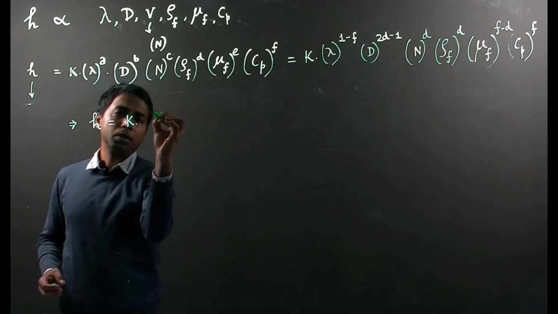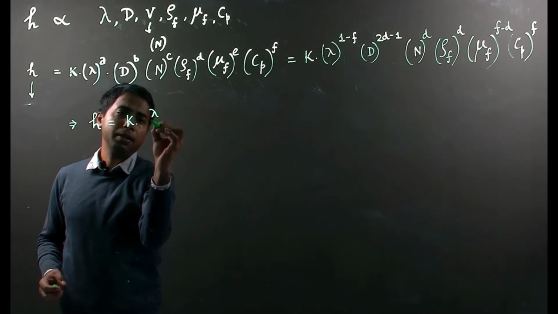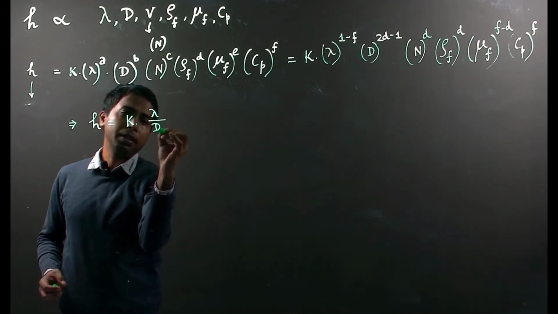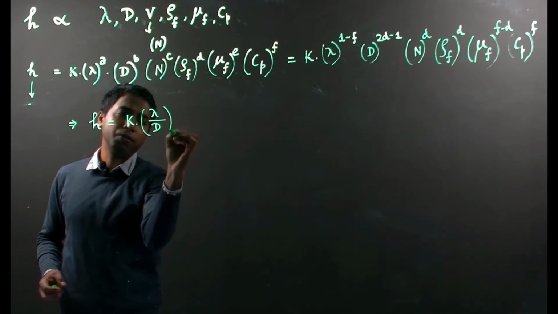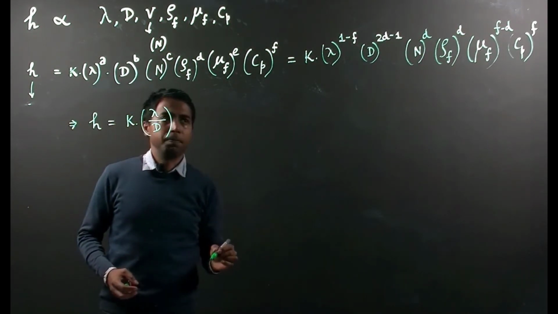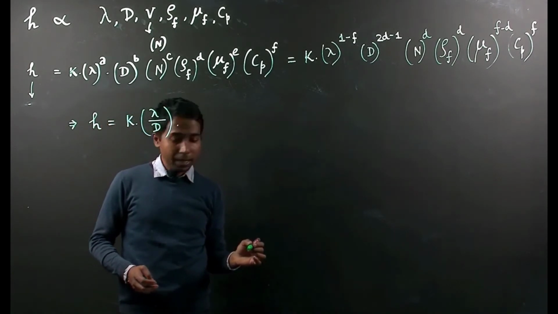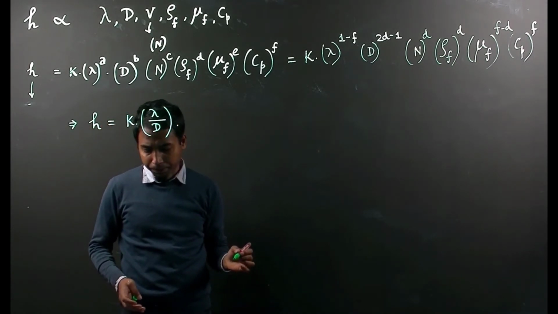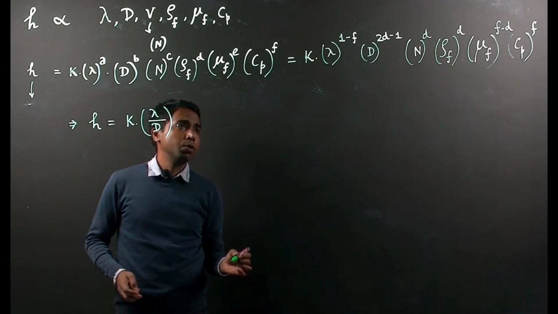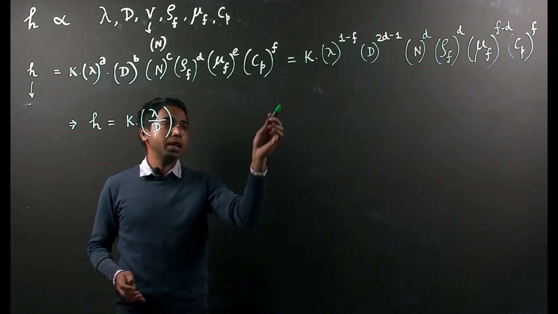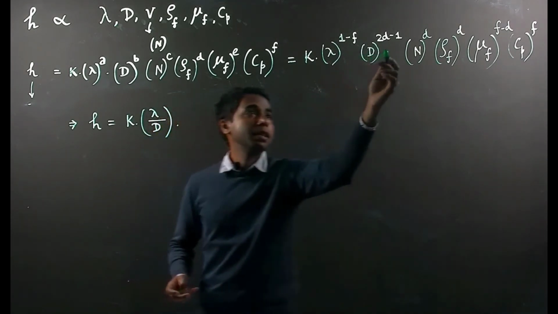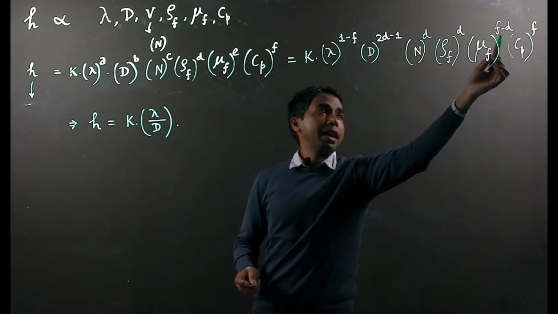So that is lambda divided by capital D, the characteristic dimension of your system. The rest we are going to rearrange in a different way. We are going to write all the terms either in terms of d or in terms of f.